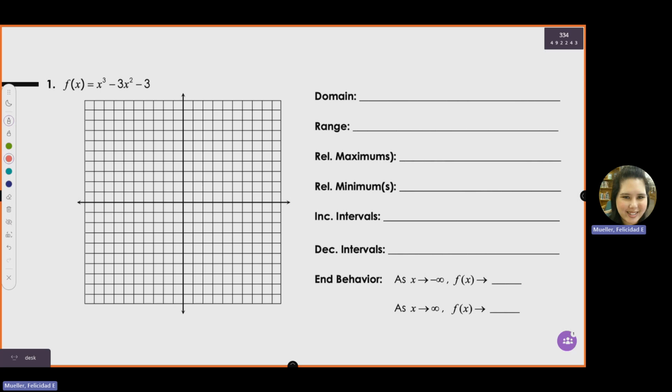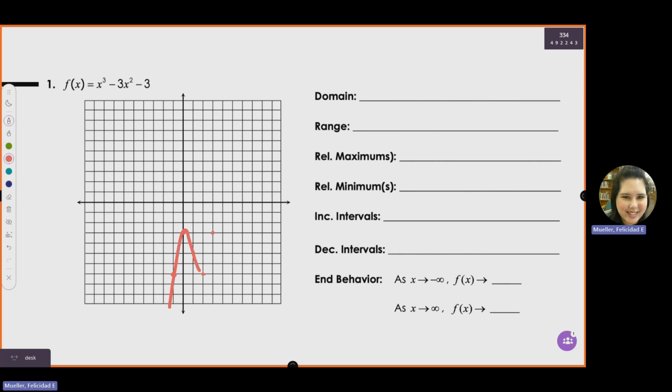All right, so first thing we do is plot our points. So -1 down to -7. 1, 2, 3, 4, 5, 6, 7. 0, -3, 1, -5, 2, -7, 3, -3, and then 13 is outside my range.